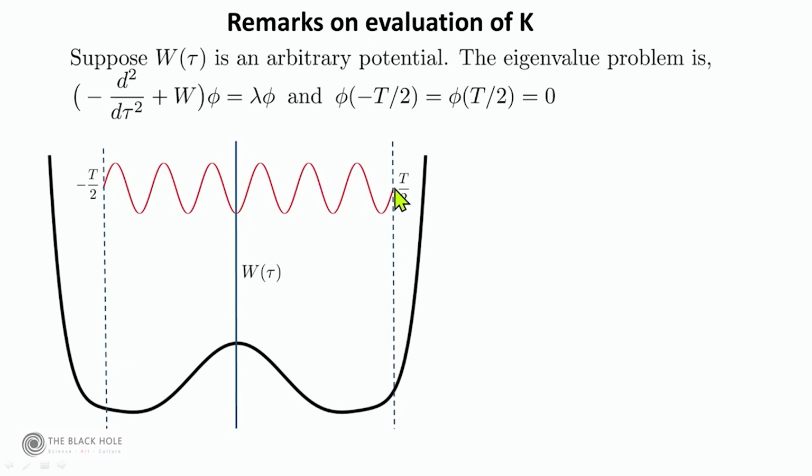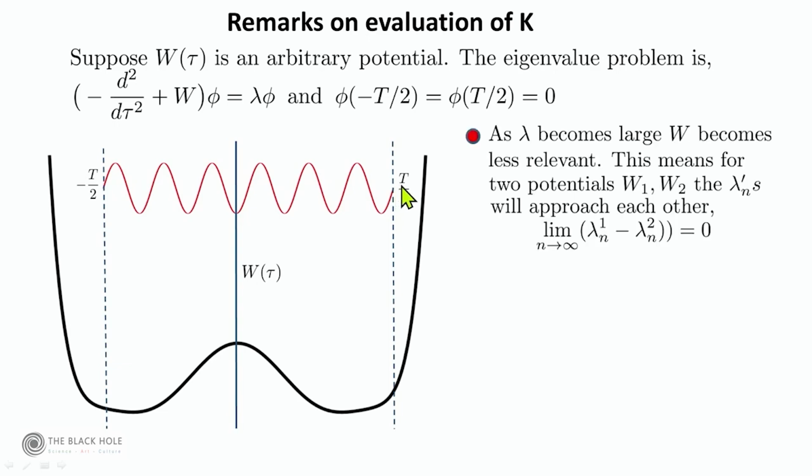That's our condition. Okay, now as lambda over here becomes bigger and bigger, it really doesn't matter what W is.